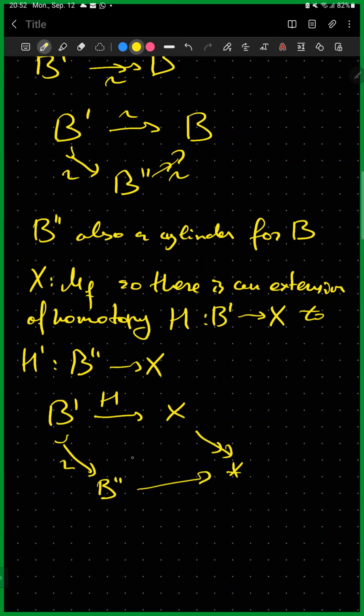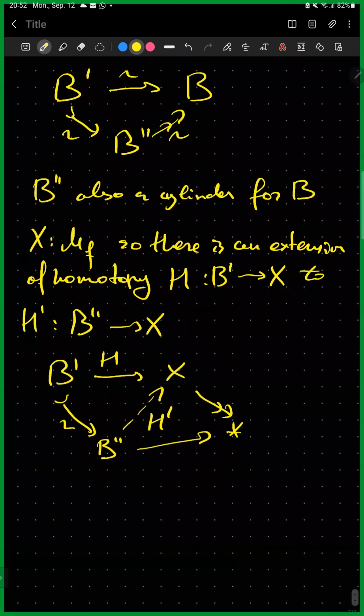Then here there exists a lift, which is precisely the required homotopy H prime. Thus, we can assume that B prime to B is a trivial fibration.